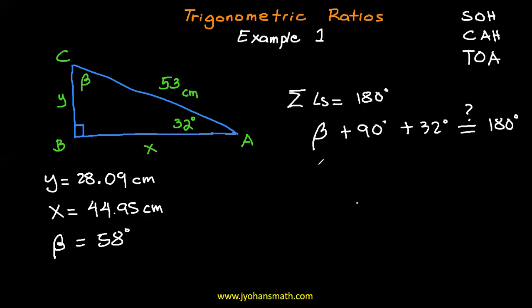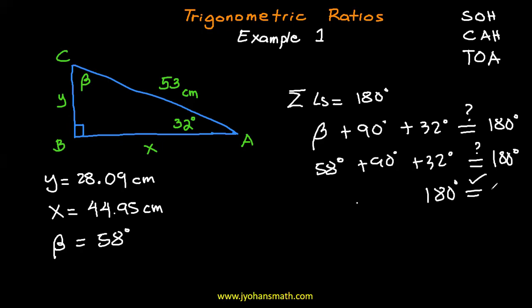Well, beta has a value of 58 degrees plus 90 degrees plus 32 degrees, and is the left side equal to the right side? So we have 58 plus 90 plus 32. This gives us exactly 180 degrees. Therefore, beta is equal to 58 degrees.